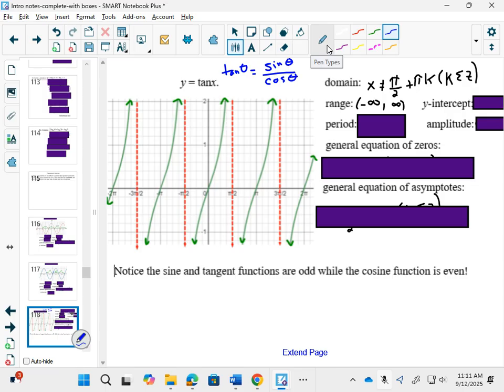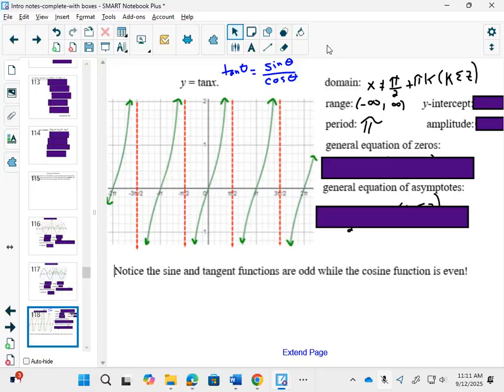And if you're not allowed to divide by 0, it might make sense that wherever cos of theta is equal to 0, tan of theta is not going to be allowed. And sure enough, those are all of your asymptotes. The big difference between sine theta, cos theta, and tan of theta is the period of tan of theta is only pi.